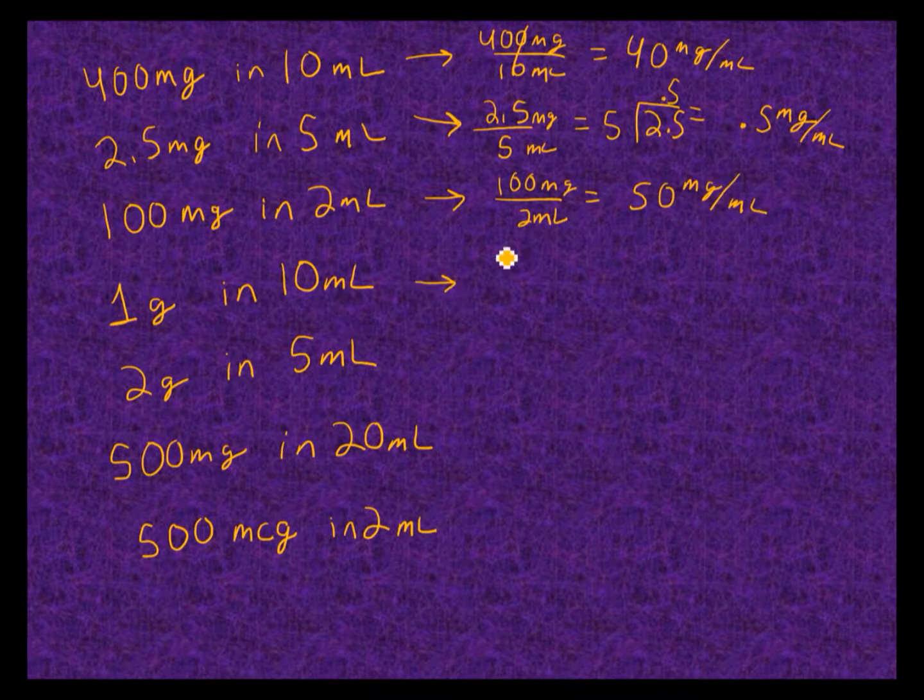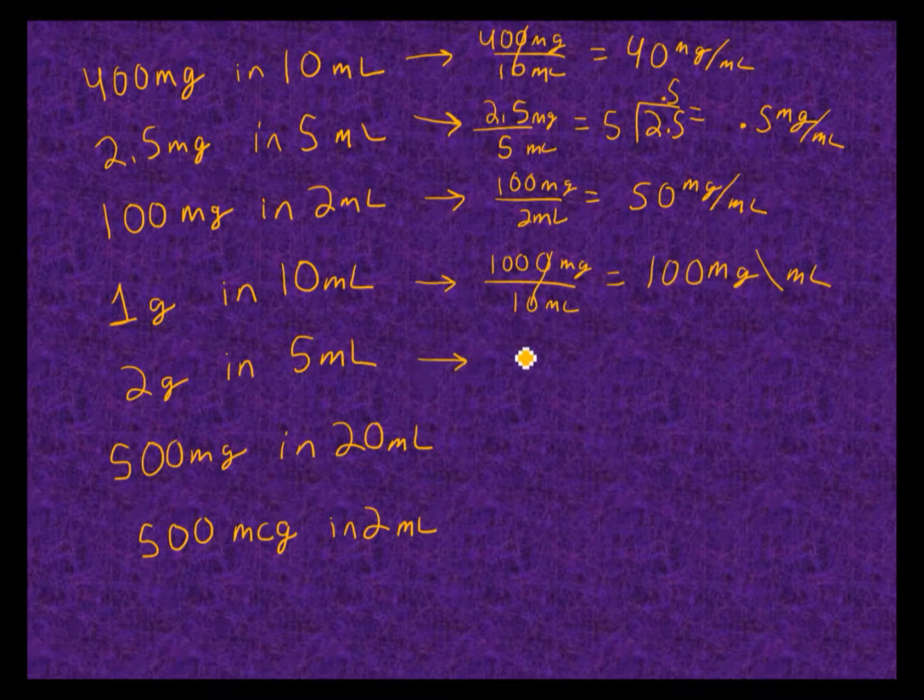1 gram, remember I said this needs to be in milligrams. 1 gram is 1,000 milligrams, and it's in 10 milliliters. So the simple concentration of that one is going to be 100 milligrams per milliliter. 2 grams is 2,000 milligrams in 5 milliliters of fluid. 5 goes into 20 4 times.